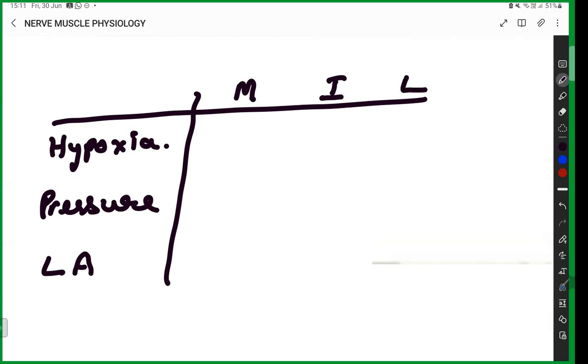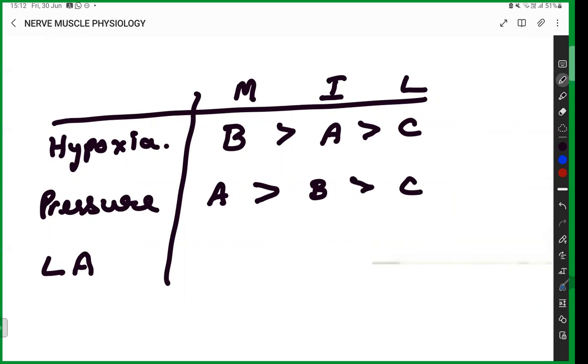Always remember, for hypoxia, it is going to be B, A, C. B is more susceptible than A than C. For pressure, it is going to be A, B, C. A is going to be more susceptible than B than C. This is how you'll be classifying.